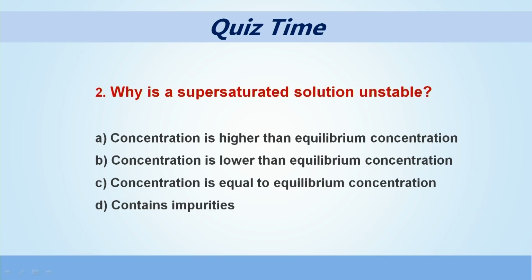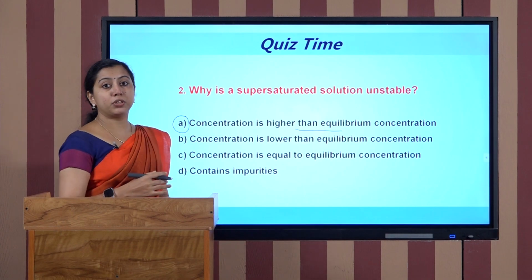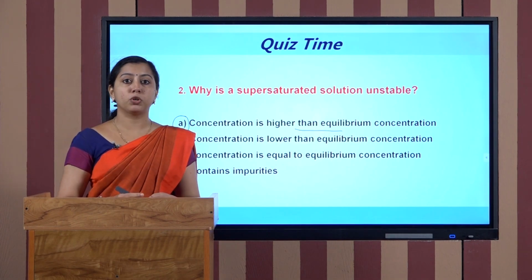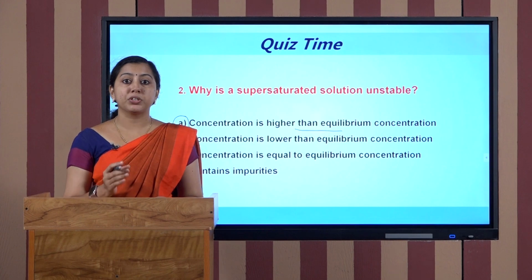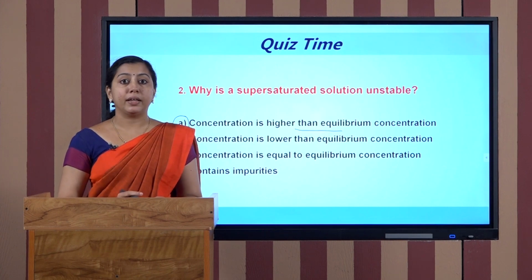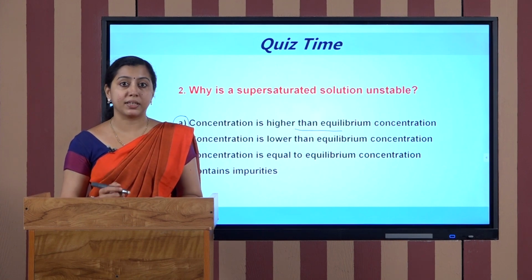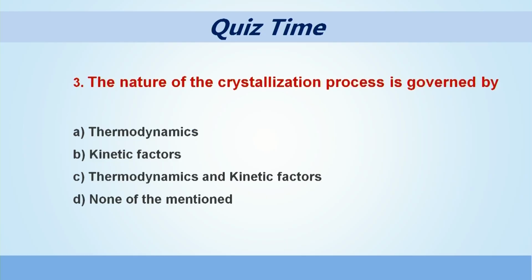So, the correct answer is option A, that is the concentration is higher than the equilibrium concentration. So, when the concentration of solute is higher than the equilibrium concentration, the solution becomes unstable, and that paves the way for crystallization to begin.